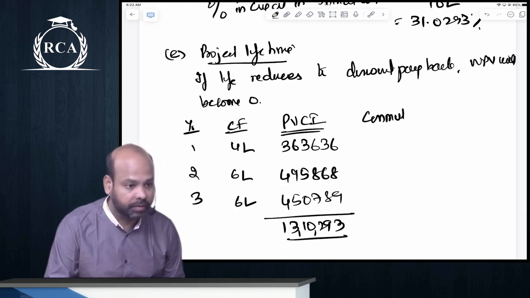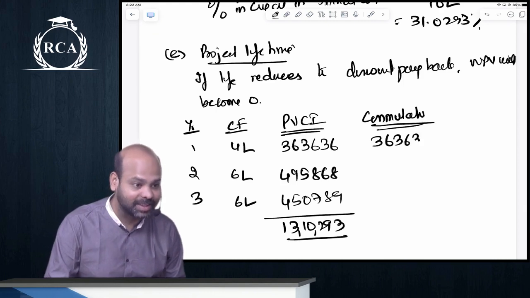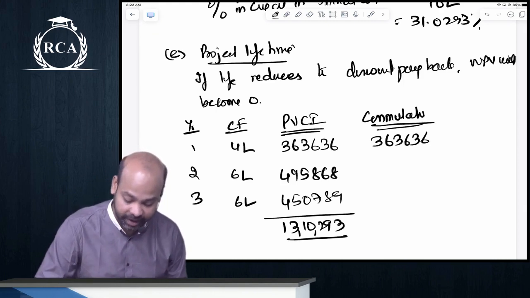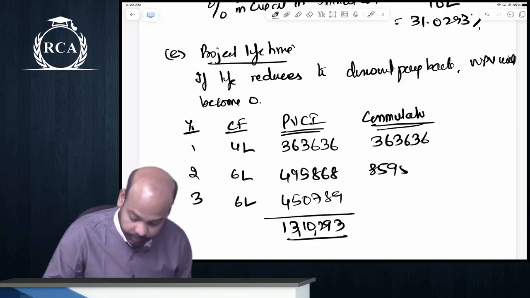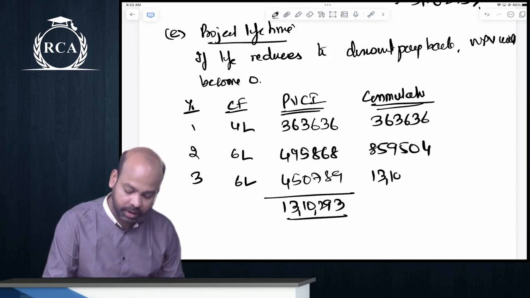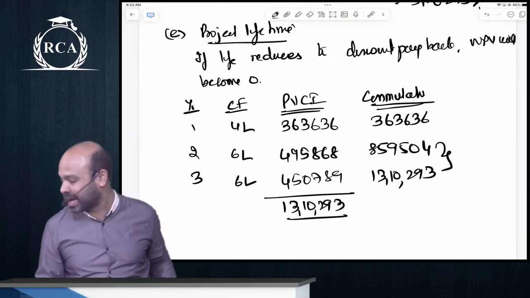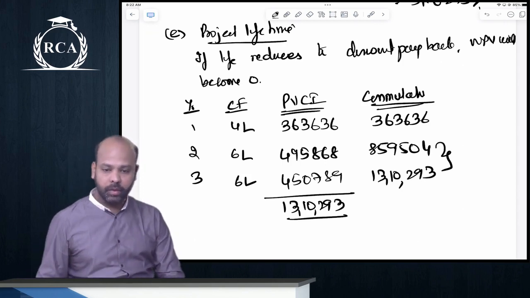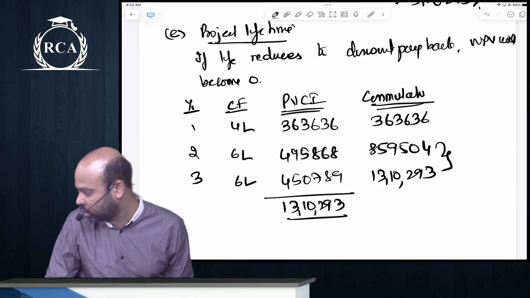Cumulative, guys. 3,63,636, guys. At the end of the second year, 8,59,504. Next, this 13 lakhs 10,293. So you know that you're receiving it between the second and third year. Your discounted payback period is between the second and the third year, guys.